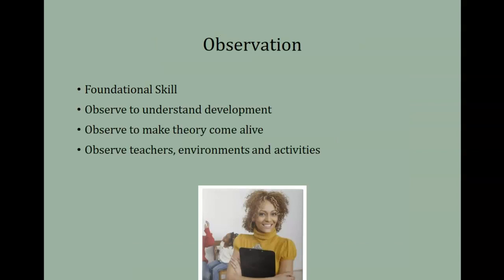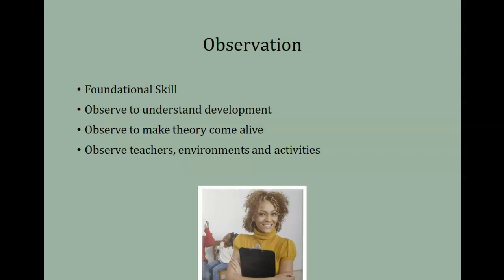Okay, so observation is a foundational skill for teachers, and we observe to understand development. We observe to make theory come alive. The more that you recognize or understand developmental theory, the more you'll see it right in front of you. When I think about that, I think specifically of the zone of proximal development when we're thinking about Vygotsky and Bruner.